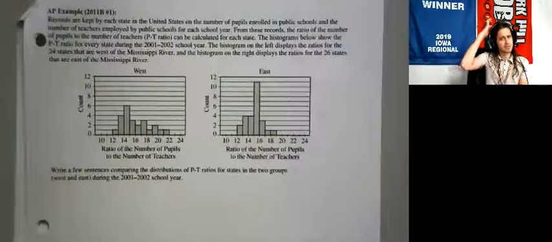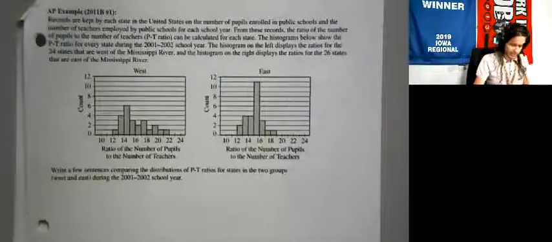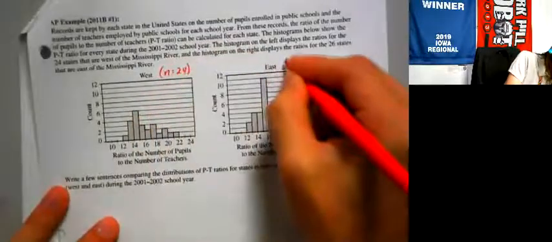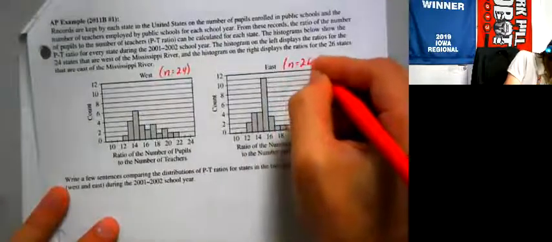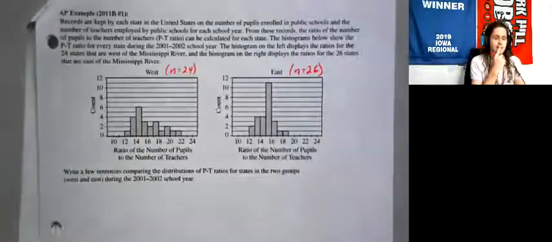So you got some schools on either side, 24 states West, 26 states East. I'll write n equals 24, n equals 26 over here. What's the easiest measure of center to talk about? I might have skipped that in the notes earlier. Think about that.